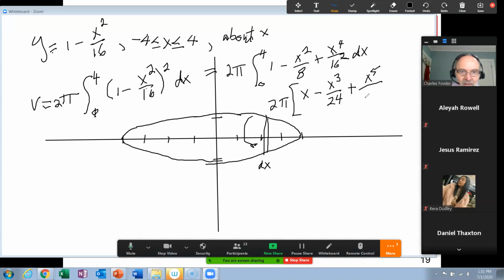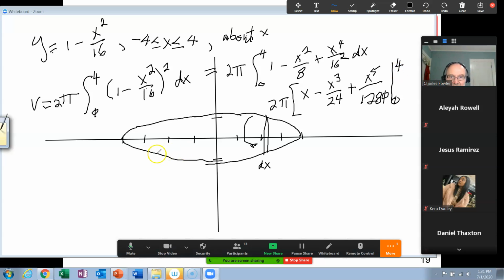Plus x to the 5th over 1280. That's what you get from the 5 times 16 squared. And we're evaluating this from 0 to 4.